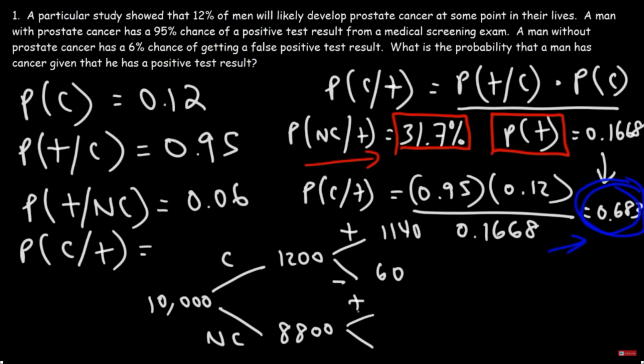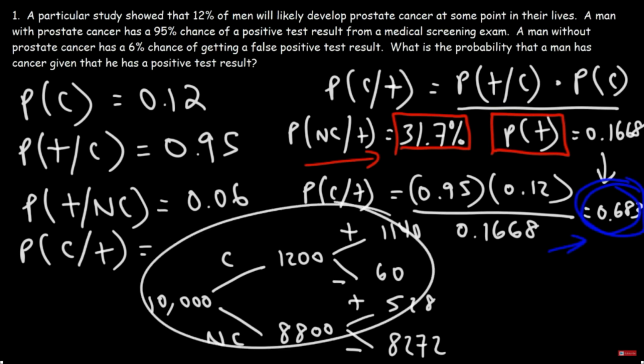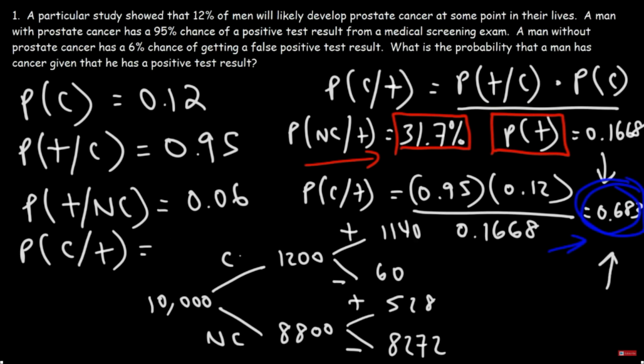So 8,800 times 0.06, that's 528. The other 94% will get a negative test result when they don't have cancer. So 8,800 times 0.94, that's 8,272. So now let's see if we can use this information to get the same answer.